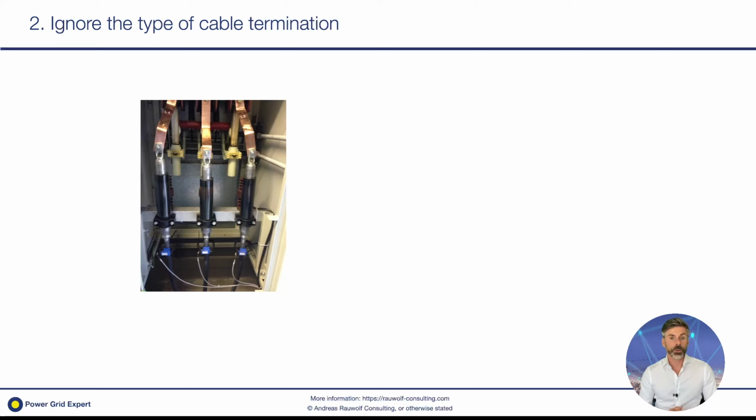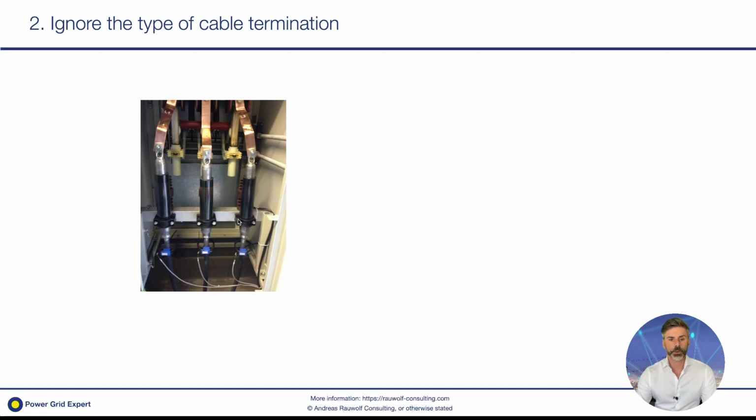That applies also to the cable and to the cable terminations. In former times, the cable was insulated with oil-filled paper insulated cables. Nowadays, it's normally simple plastic cables. Then it's less important, but be aware of what you have.